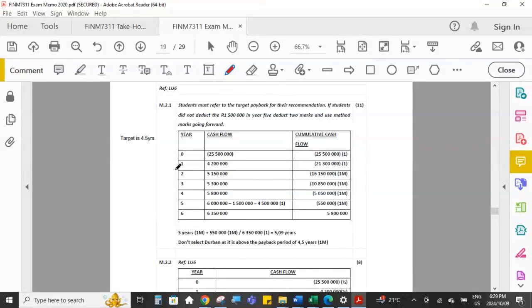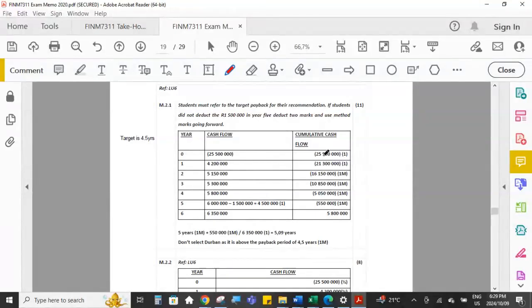So if you remember correctly, this project was going to be active over 8 years. And in the answer here, we've only gone as far as year 6's cash flows. And that is because for payback period, we only want to keep calculating the cumulative cash flow until the first year that it turns positive.